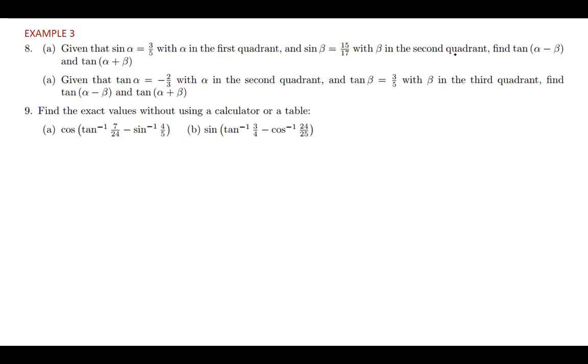Then the question is, find tan of alpha minus beta, and then tan of alpha plus beta. So given this question, you first have to find what your, okay, let us draw the triangles.